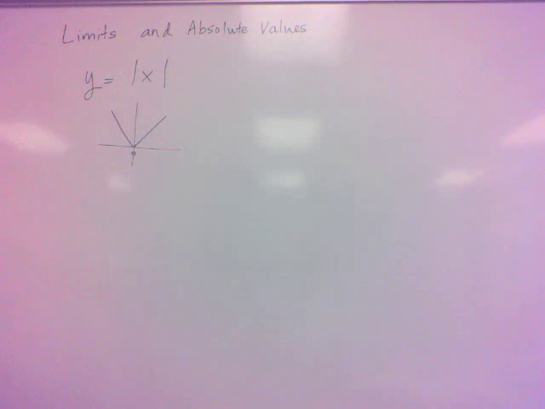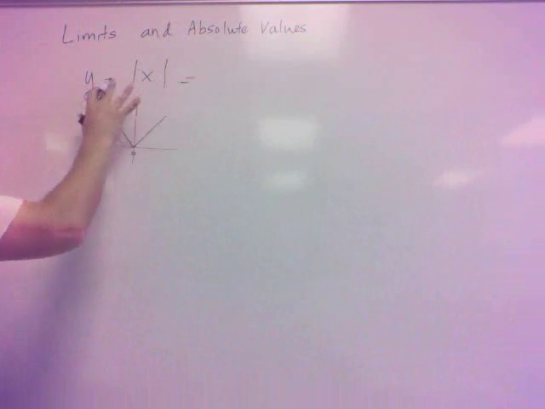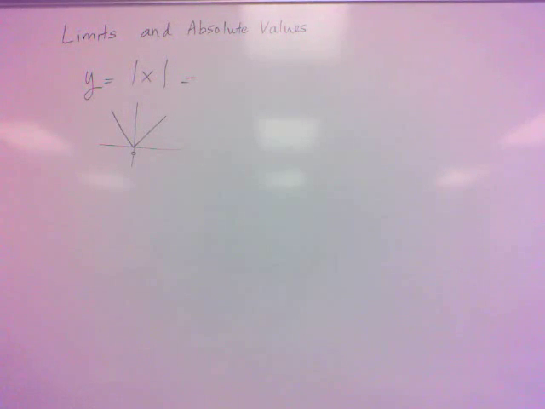Well, the thing of it is, if I can describe that in more basic terms without the absolute values, that's going to be a good thing that we'll want to do, because actually what we're going to do is look at it from the left and the right, your limit as x approaches 0.